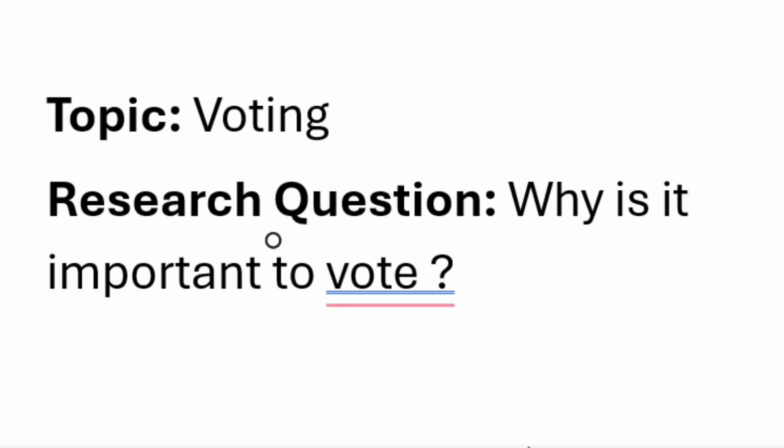It's not as specific, it's too broad. And now the question here, research question, why is it important to vote? I think it's too simple, right? I mean, anybody can answer this, right? So I believe this topic might need to be rephrased, and the question also might need to be researchable.